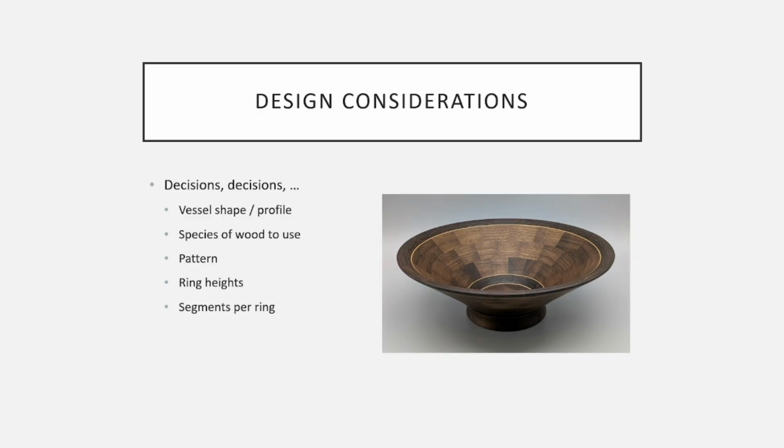Any kind of pattern you're going to use. I kept it simple. I didn't try to mix a lot of different species in the same ring or anything like that. The ring heights are key. How tall you're going to make your rings and how many segments per ring. So you've got to make all those decisions going into the design.